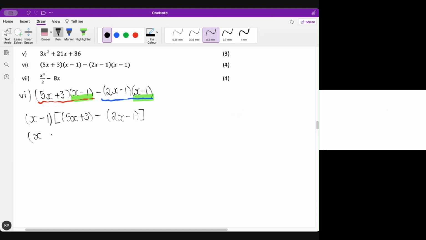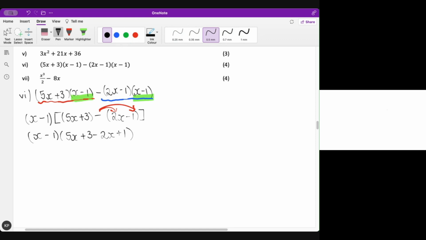So I have x minus 1, 5x plus 3. Can I just get rid of these brackets? The second ones. There we go. I need to distribute the negative. So negative has to be distributed. So it's then minus 2x plus 1.